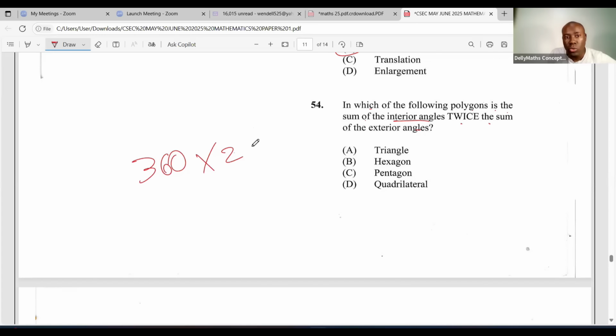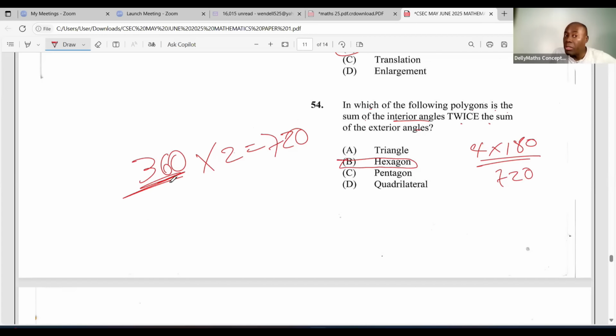So you multiply by 2, you're looking for 720. So it has to be this hexagon. Remember, a hexagon has 4 triangles, 4 times 180. So you multiply 180 times 4, 720. This is 720, which is twice. So the key thing is, do you know about exterior angles? A hexagon has 6 sides. They had a question like this, but it's not it.